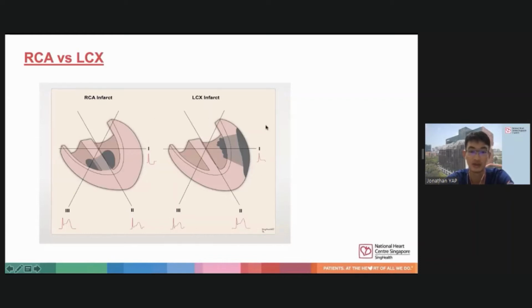So in general, if you have an RCA infarct, because the RCA comes from the right side, lead 3 will tend to have a higher ST elevation than lead 2. This is one pointer that you can look at. For the circumflex, it comes over from the left side, this way. So usually, the ST elevation in lead 2 is higher than that of lead 3. In addition, your lateral leads, lead 1, will tend to show some ST elevations.